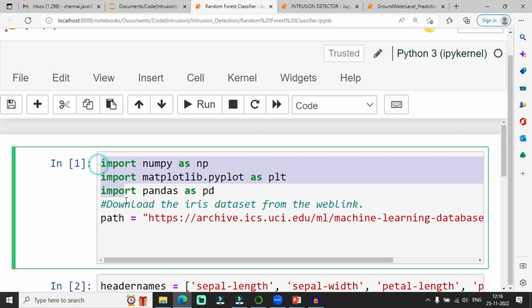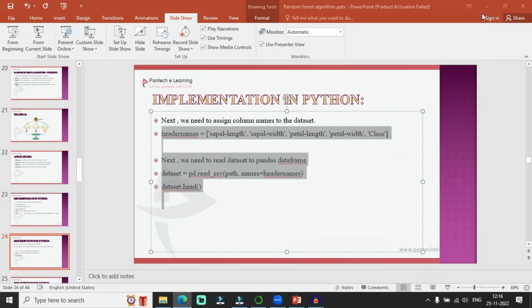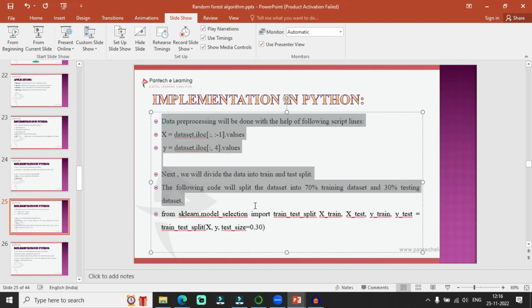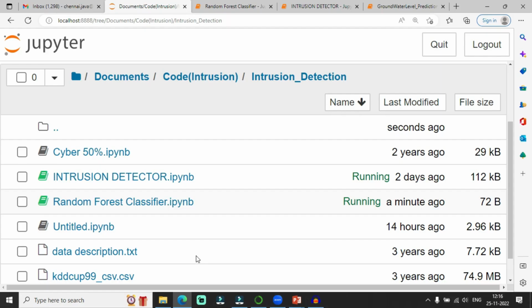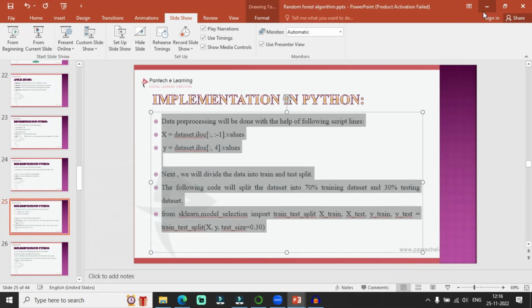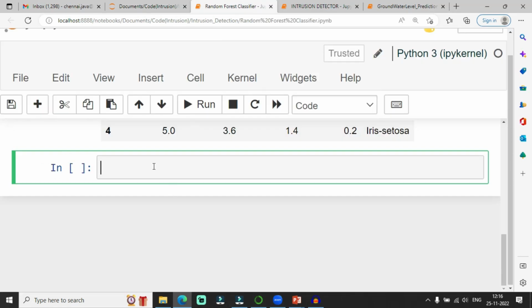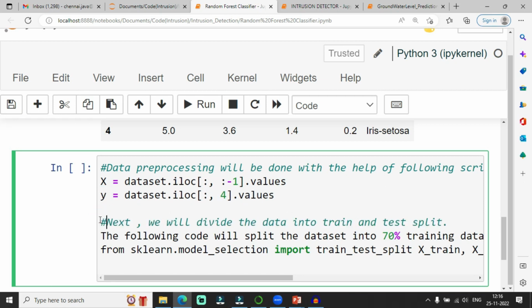Firstly, let me do the coding part and I will explain step by step. I am separating the x and y values.